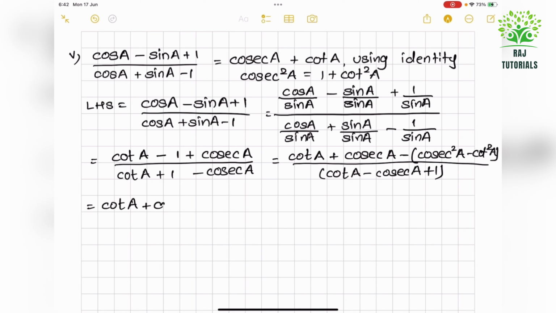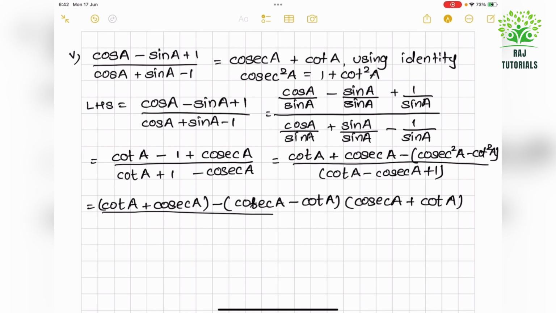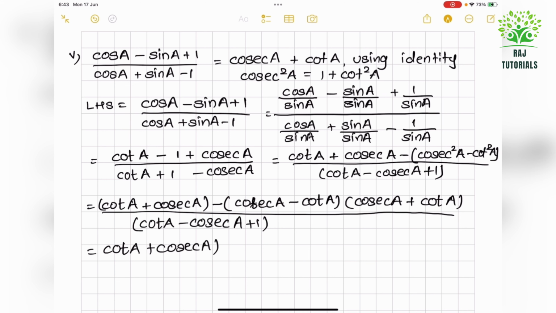So this I will get as cot A plus cosec A. If I keep this in one bracket, minus, here also I can say (cosec A minus cot A) and (cosec A plus cot A). A square minus B square formula I have used, whole upon cot A minus cosec A plus 1.